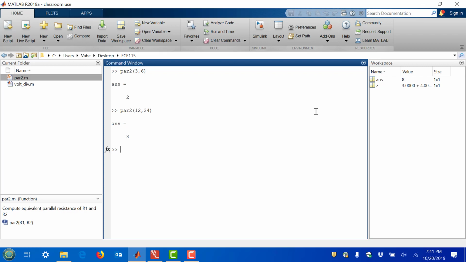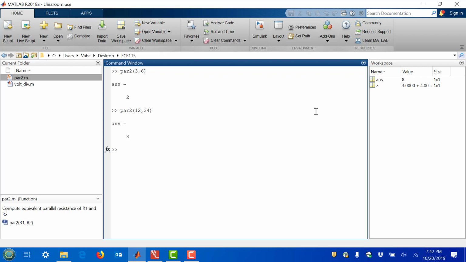I could take the parallel combination of that. Let's say I had j5 and minus j3, or 2 plus j2 in parallel with 2 minus j3. I could take the parallel combination of that, because the parallel operation is still the same. It's product over the sum, and this function will happily do that with no problem.